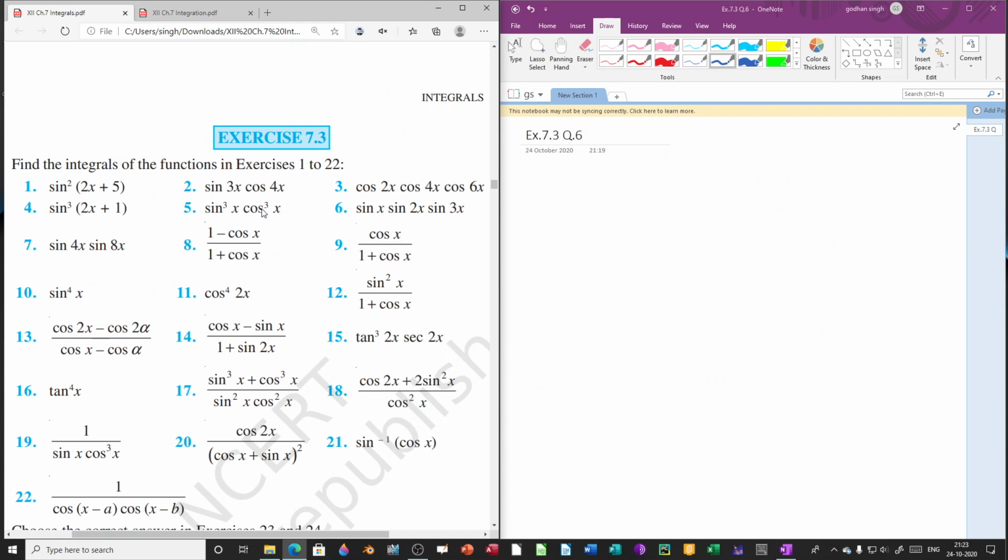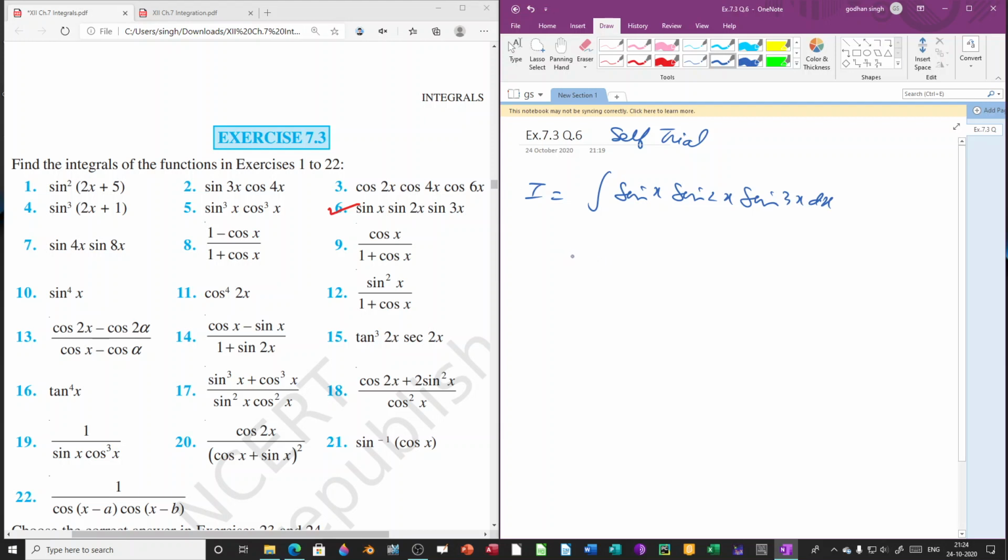Exercise 7.3, question number 6. This will be a question for self trial, and it's a simple question. What you have to do is I equal to integration of sin x, sin 2x, sin 3x dx. The pattern is somewhat the same as in question number 3 which we have done.